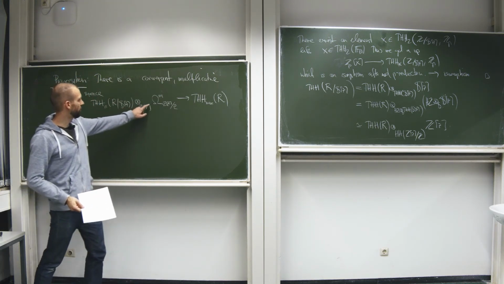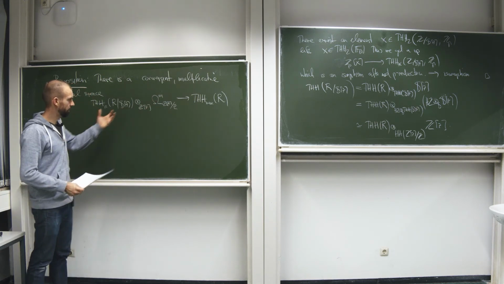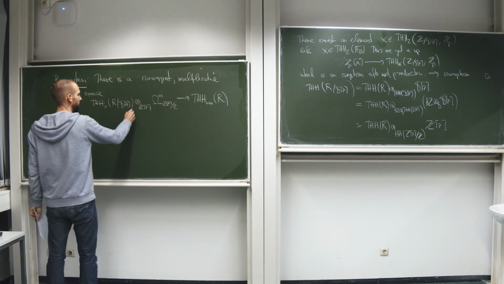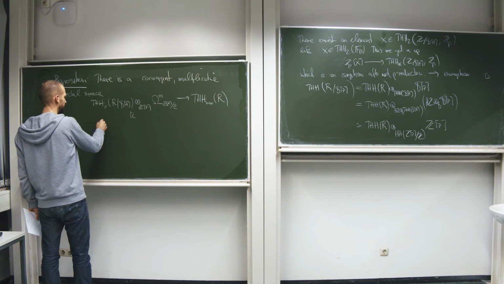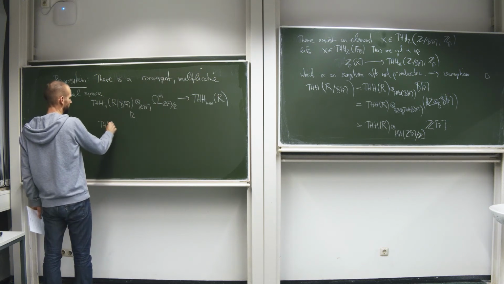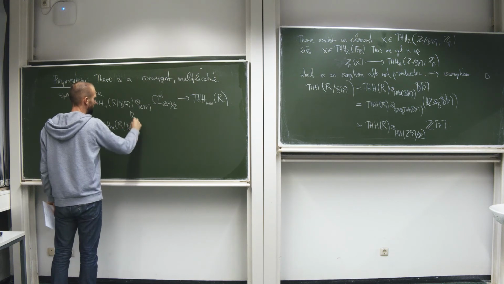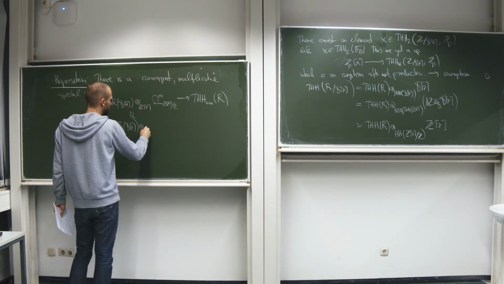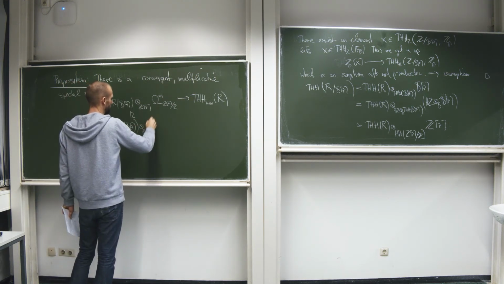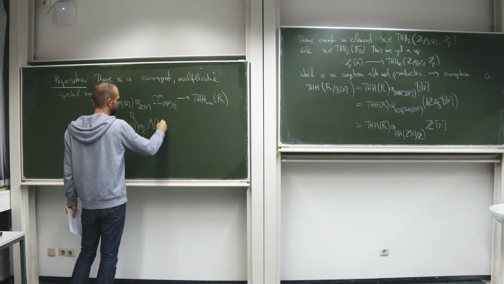This guy is actually just an exterior algebra. So this term actually looks like THH star of R relative SZ tensored over the integers with just an exterior algebra lambda on dz.